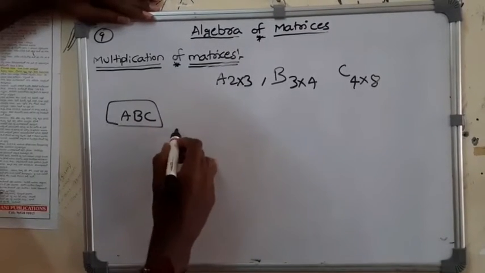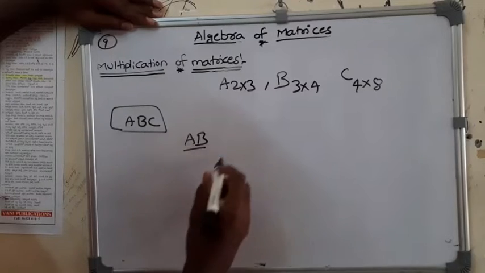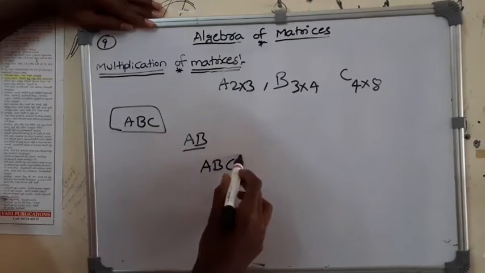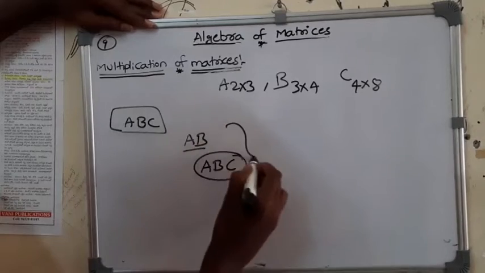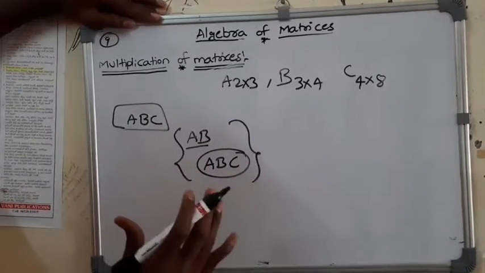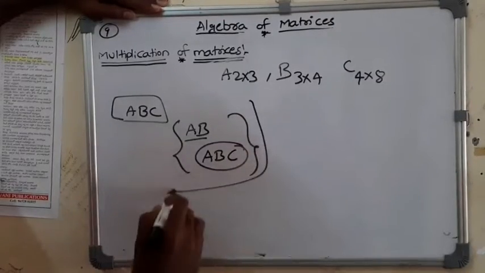Many people first do the multiplication of AB, and after that the multiplication of AB with C, and this takes a lot of time, but in competitive examinations we have to calculate the answer in less time. So here we don't do this process.